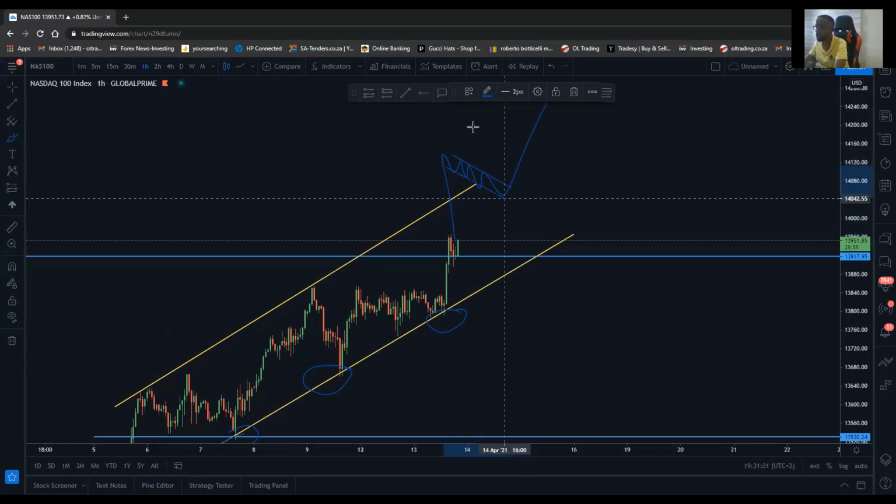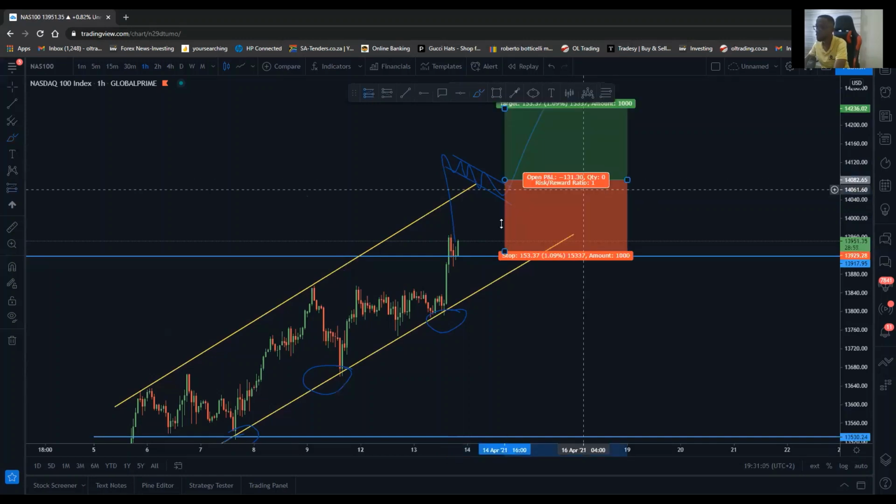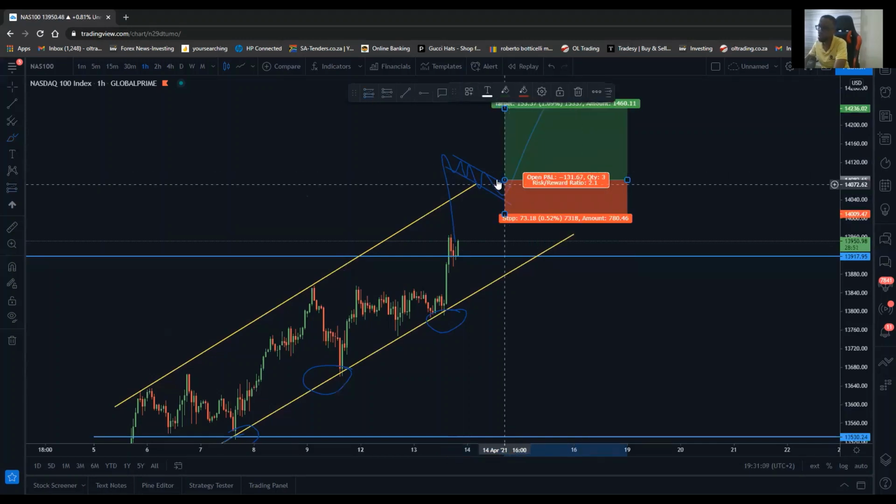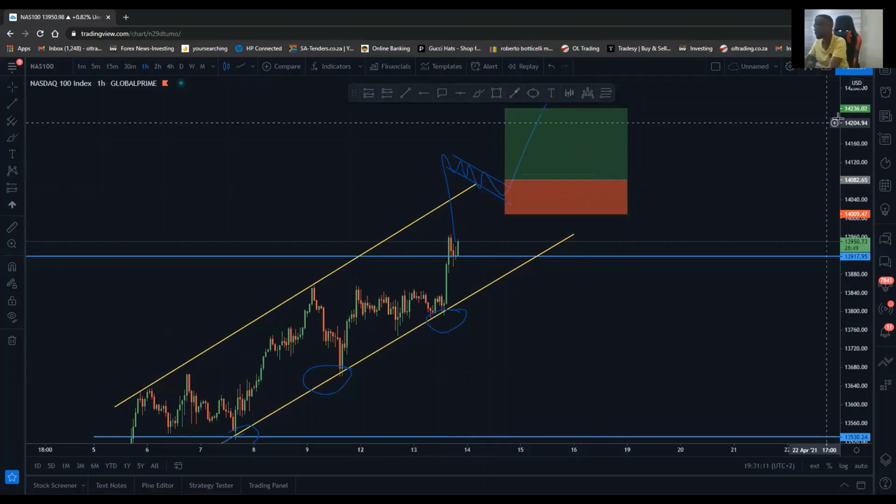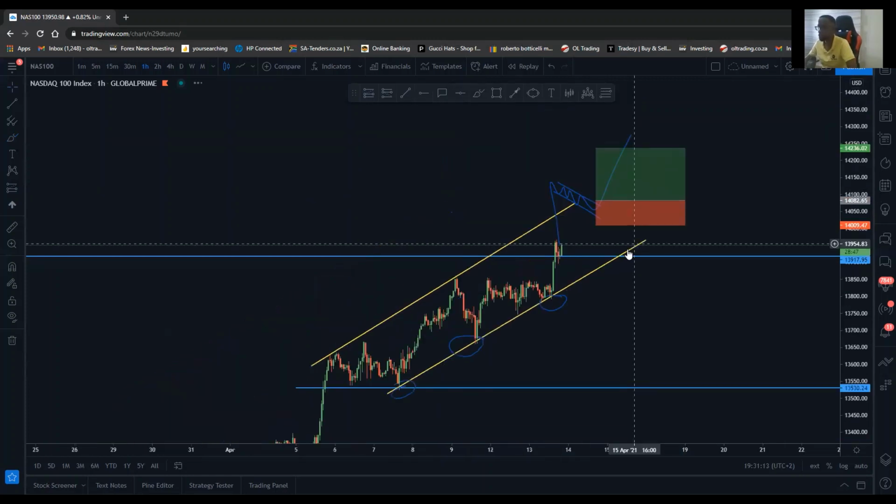Then we'll be taking our long positions along this because we are having a correction to the downside. I hope that is clear, because you need to understand what you are really trading.